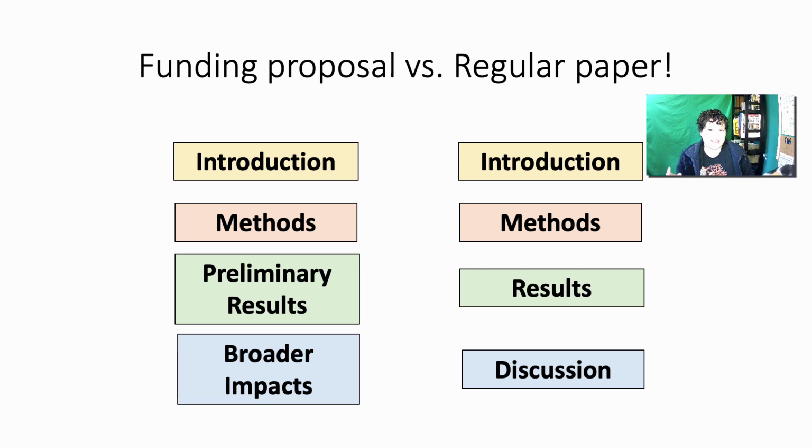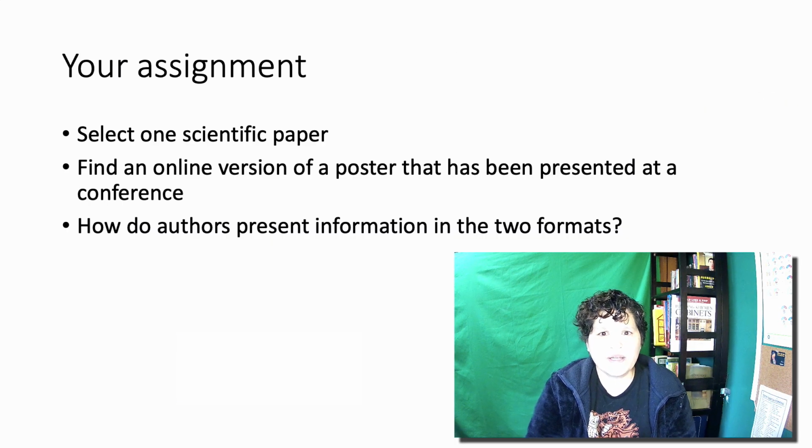So that's the discussion section, right? It's kind of pre-thinking about the impact of your data, even though you don't have data. So even a funding proposal is trying to follow this same basic structure. Okay. All right, so here's your assignment.